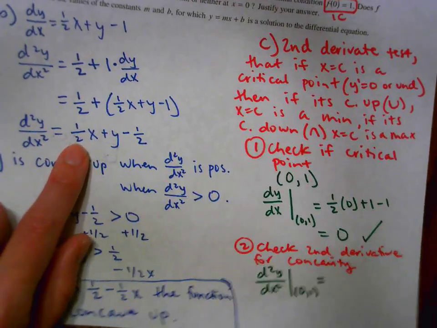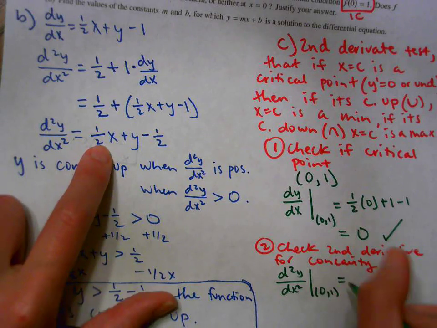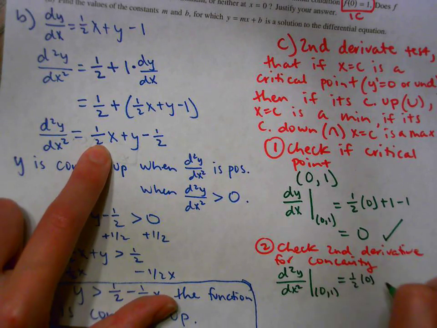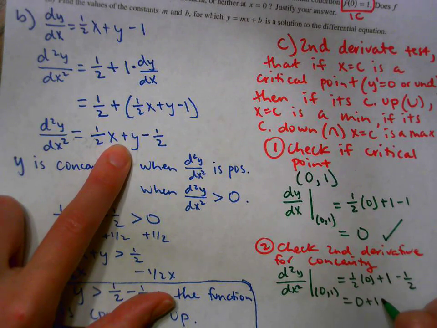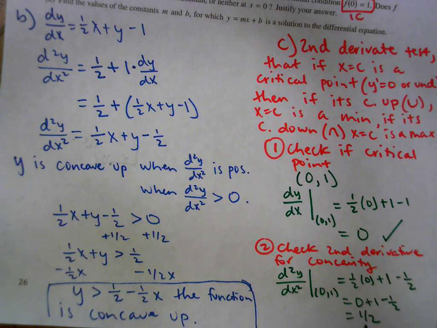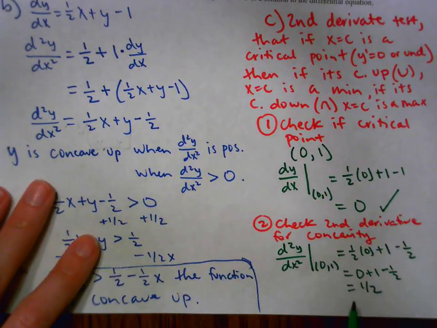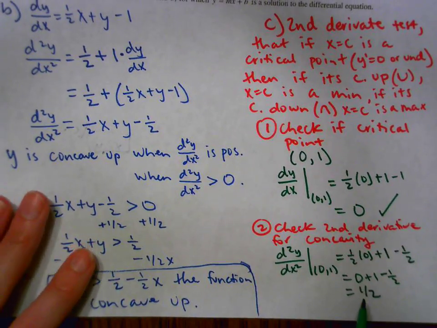This is our second derivative in terms of x and y. So 1/2 times 0 plus 1 minus 1/2. That's 0 plus 1 minus 1/2, which would be a positive 1/2. So because the second derivative is positive, we know our function's concave up.